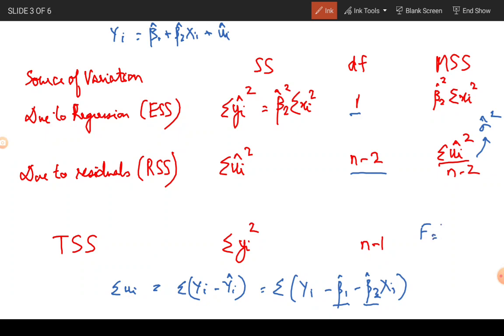That is, F is the mean sum of squares of the explained sum of squares divided by the mean sum of squares of the residual sum of squares. I can write this as beta 2 hat summation xi square divided by sigma hat square.